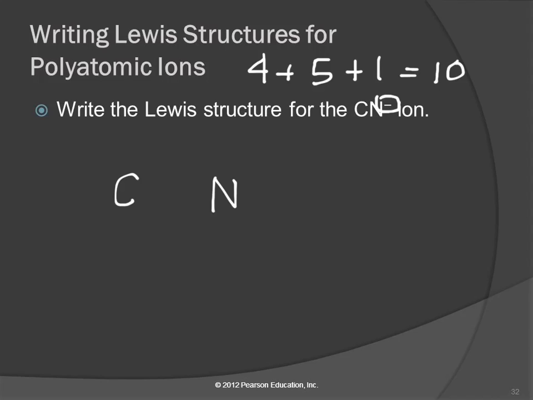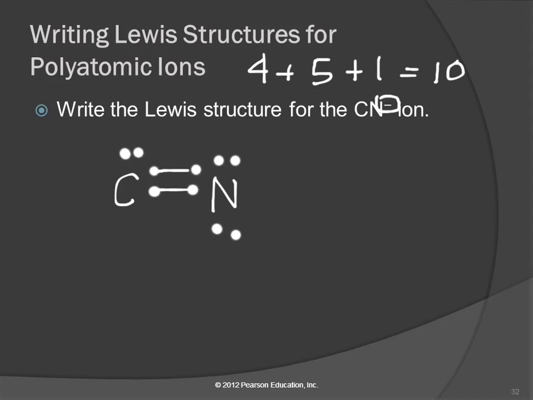So we need to put a pair of electrons between the carbon and the nitrogen to make a bond. So that's 2 electrons, 4, 6, 8, 10 out of electrons. So then I'm going to take these electrons and move them, and that's better. Here, I'll draw a line here so we can see more clearly. That's a bond.